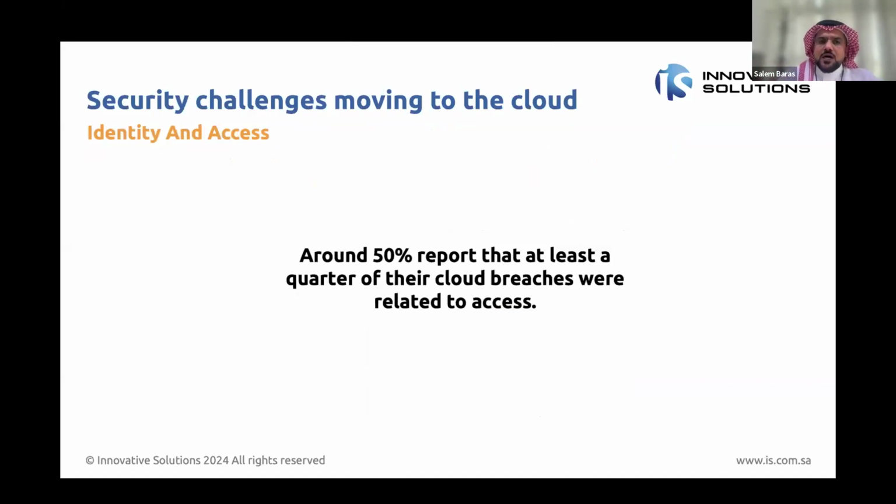Another study found that around 50% of organizations had at least a quarter of their breaches related to access management, which is really clear, right? Because in our on-prem environment, we implement identity access management to protect our assets.